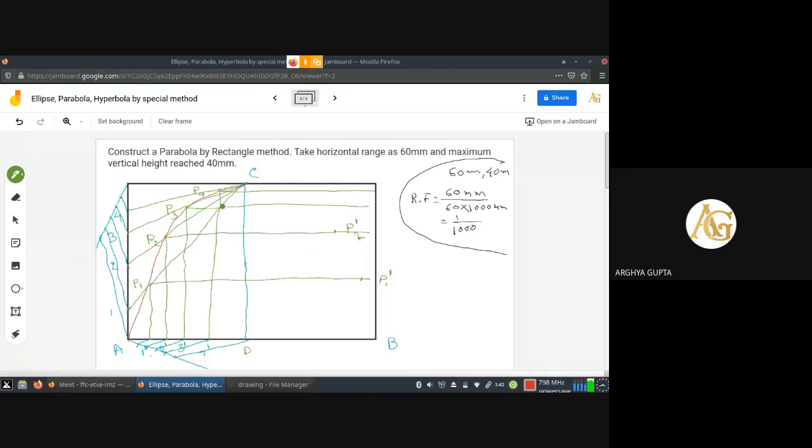Next P3, this length will have to be cut on the opposite side, P3 dash, and also P4. Take the distance of P4 from the CD line and cut it here, and join all the points with the help of a dark, thick pencil.